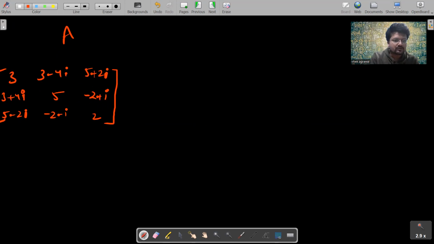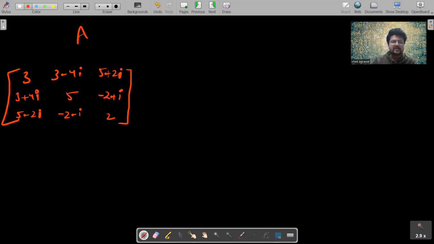To prove that it will be a unitary matrix, first you have to identify A bar. What will be A bar of it? The conjugate of 3 will be nothing but 3, right? Conjugate of 3 minus 4 iota is 3 plus 4 iota. Conjugate of 5 plus 2 iota is 5 minus 2 iota.